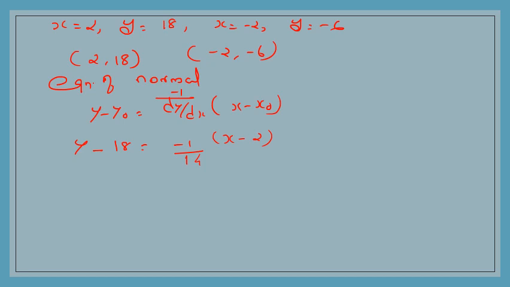So simplify, you are getting one. Another is y minus minus 6 is equal to minus 1 by 14 into x plus 2. To simplify these two, then you will get the answer. Okay.